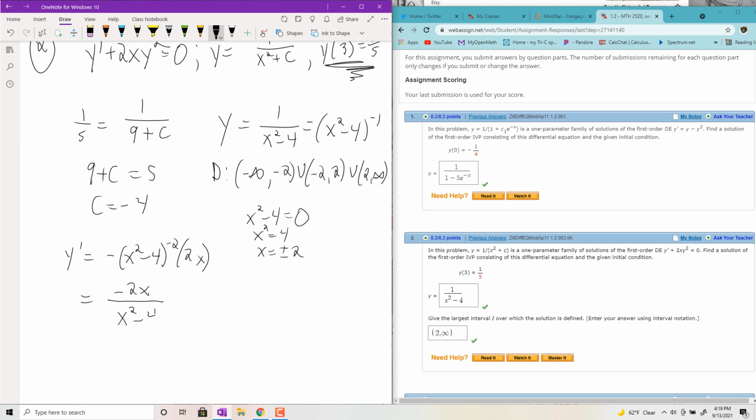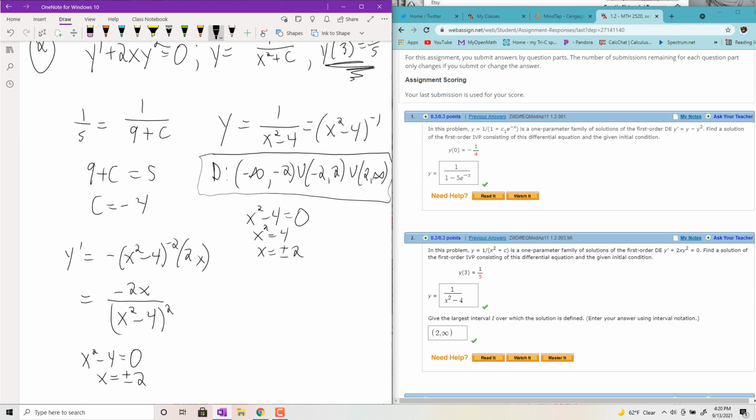So basically this thing is continuous everywhere except where the denominator is equal to 0. And that happens when x squared minus 4 is equal to 0, in other words, when x is equal to plus or minus 2. So again, the interval of definition is going to be taken from this set of intervals.